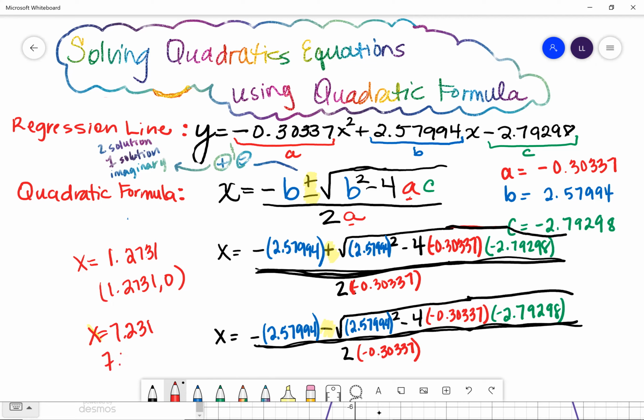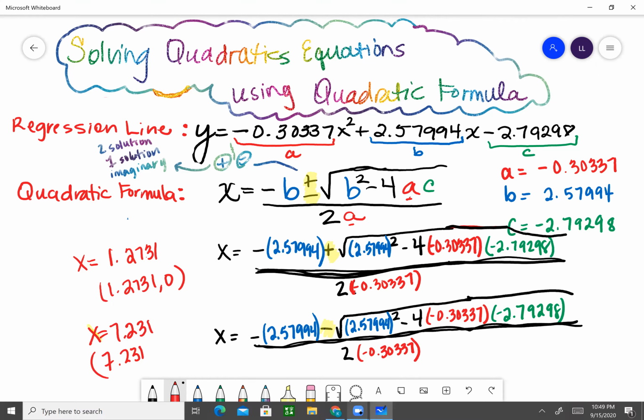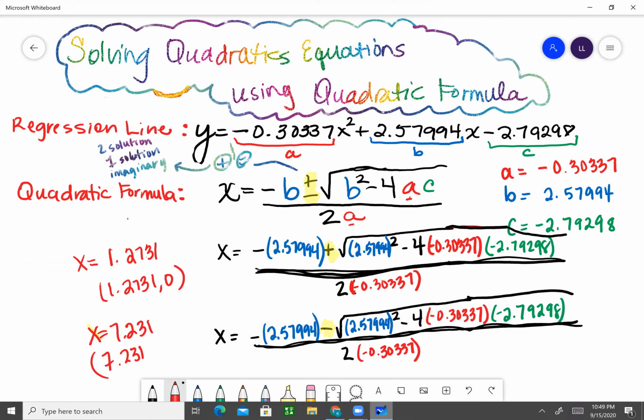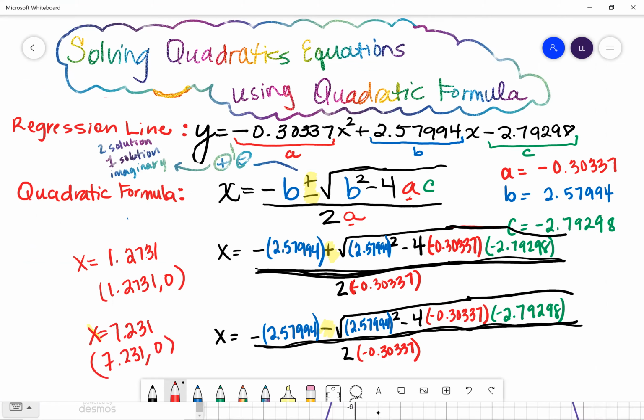And to write this as a point, remember we put the parenthesis here as well. Let me make sure I typed this correctly. 1.2731. Yes, okay. And 0. All right, there it goes. We're finished. That's our answer.